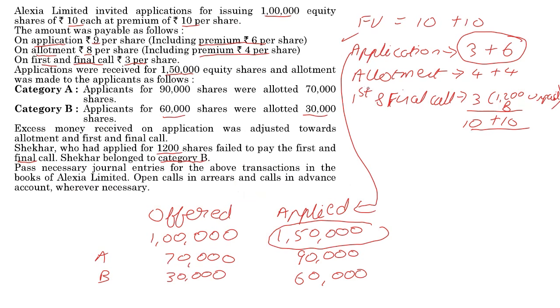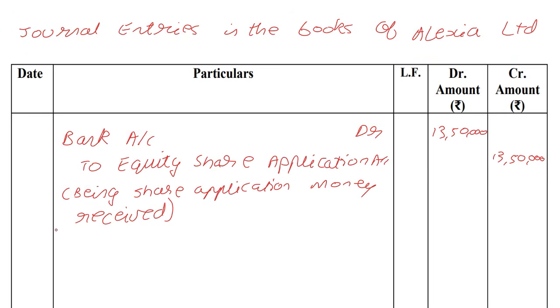Going back, our next step is to transfer what we have received in the share application money to the share capital account. So the standard journal entry for that: I'm going to just draw a line like this. We credited the share application account, now we debit it. So equity share application account debit.